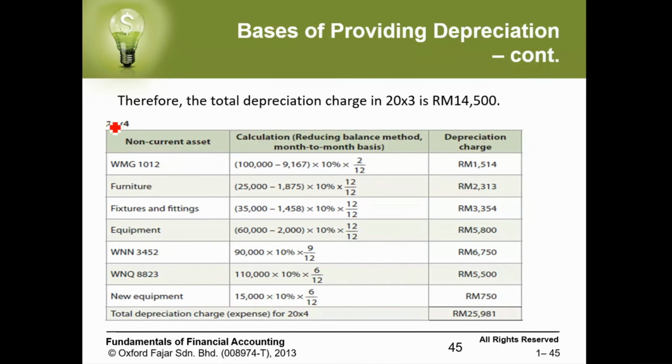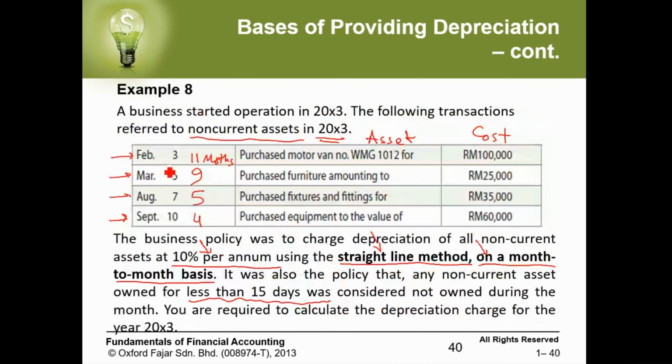In year 2014, we need to calculate the depreciation of the previous assets we own and the new ones we bought. So first, let's go with the first asset, the WMG 012. If you go to B4, this asset we bought on 3rd February 2013, and the cost was 100,000.